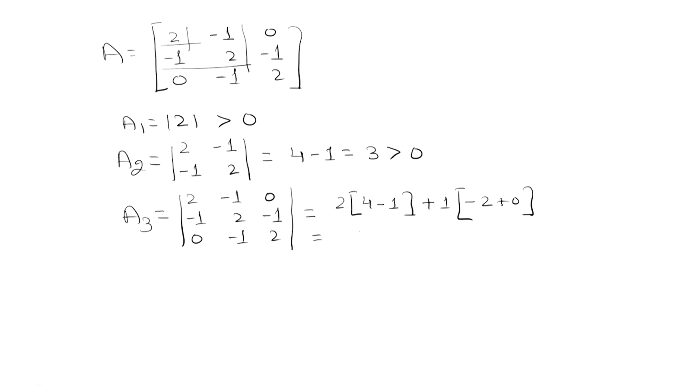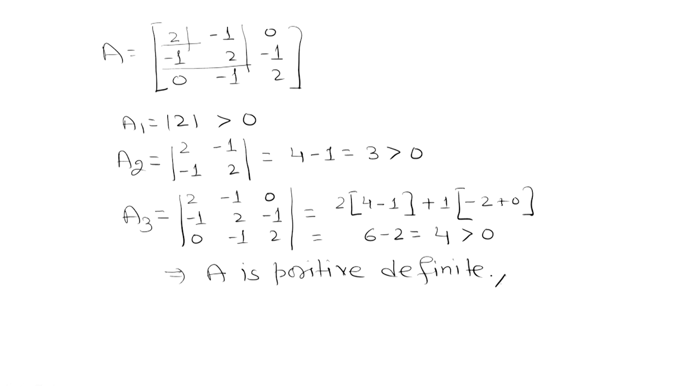This comes out to be 6 minus 2 equals 4, which is also greater than 0. So, all the principal minors are positive, and hence the matrix A is positive definite.